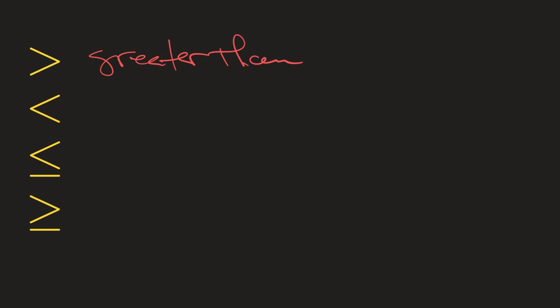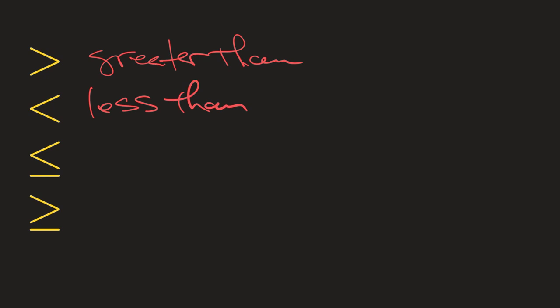Just remember that the alligator mouth, or whatever you want to call it, always opens to the bigger thing. So that first symbol from left to right is greater than. Therefore, the next one is less than. And again, guys, we're interpreting these from left to right, just like we read.